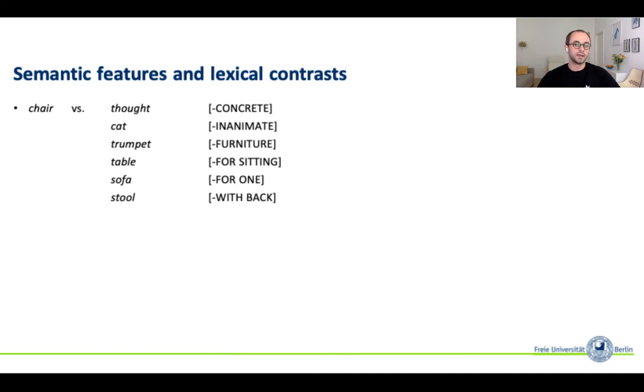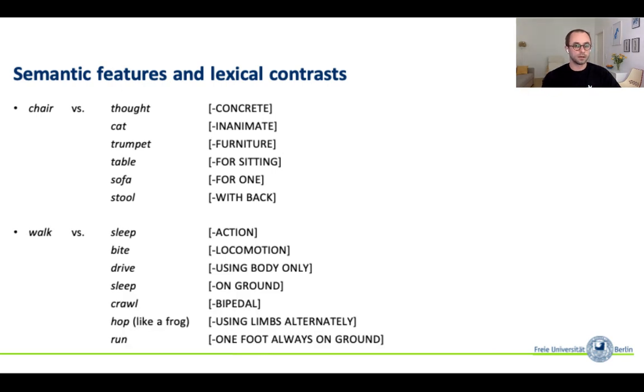So, for example, if we compare an expression such as chair with an expression such as thought, we can see that there is one crucial semantic feature that these lexemes differ in, right? So, for example, minus concrete, or chair and cat, the very important feature would be inanimate, right, so chair is inanimate, cat isn't, and so forth. The same can be also used for verbs.